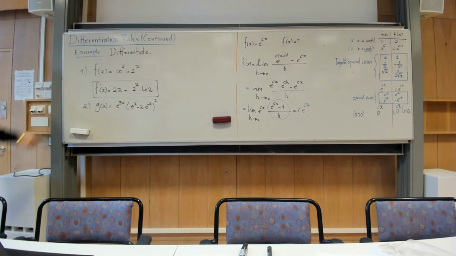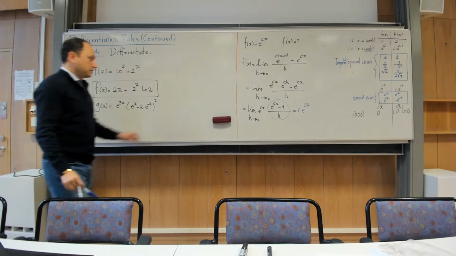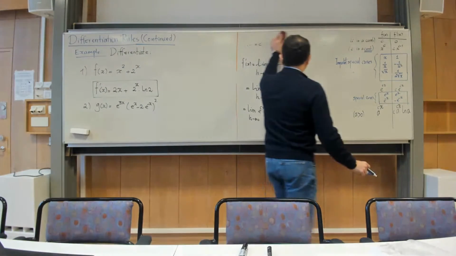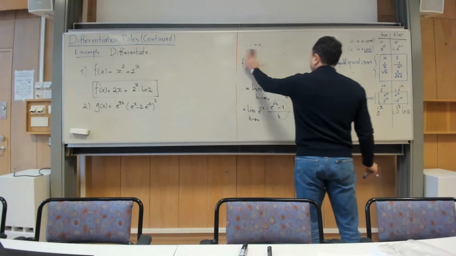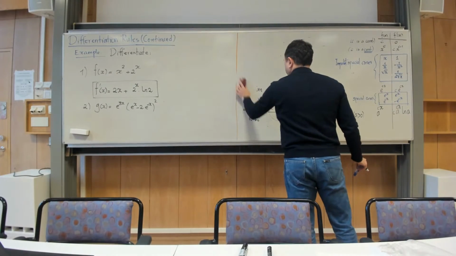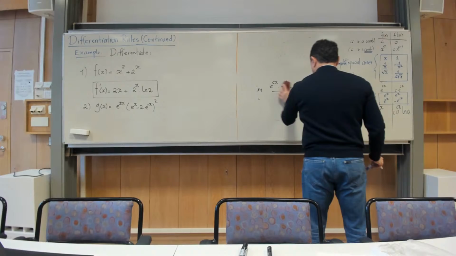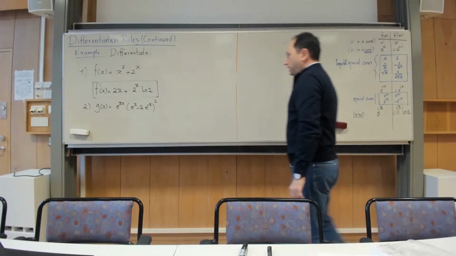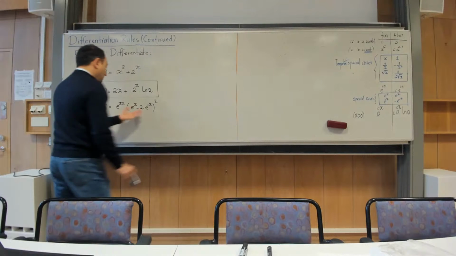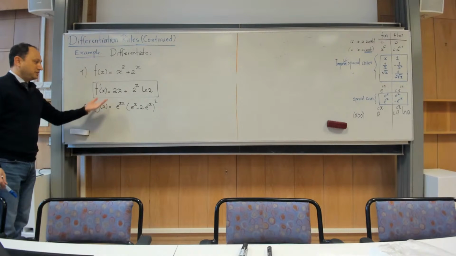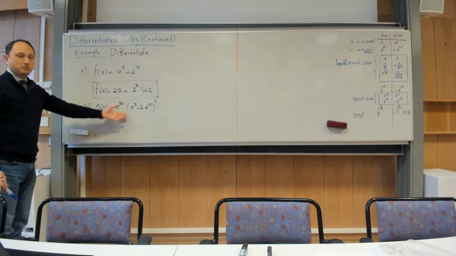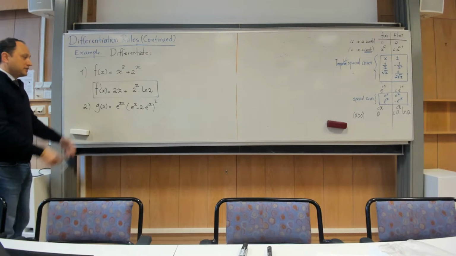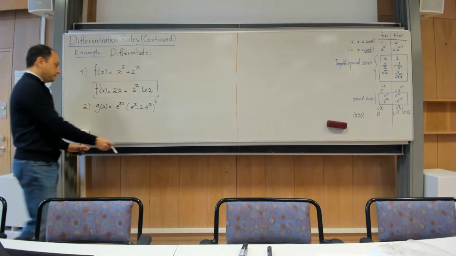Assume that I want to differentiate this function. Again, that's a product. We don't know the product rule yet, but even if we knew it, it's better to expand, multiply, simplify, and then differentiate.